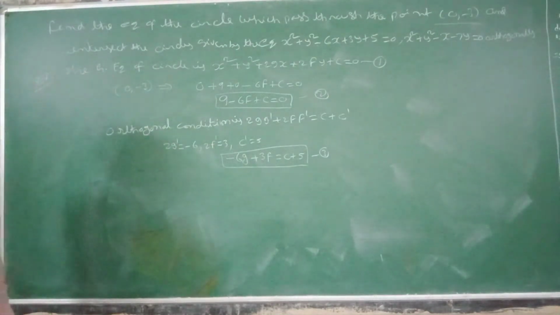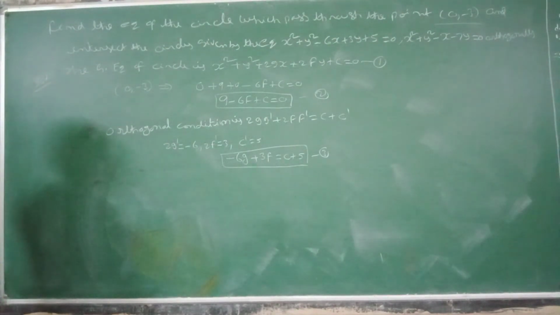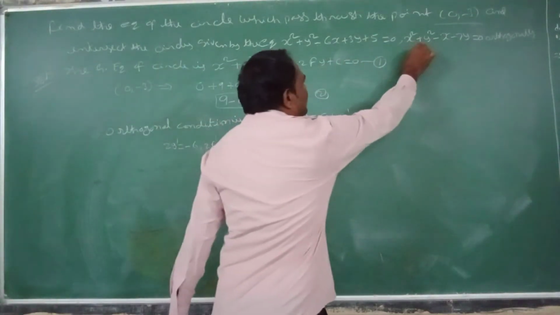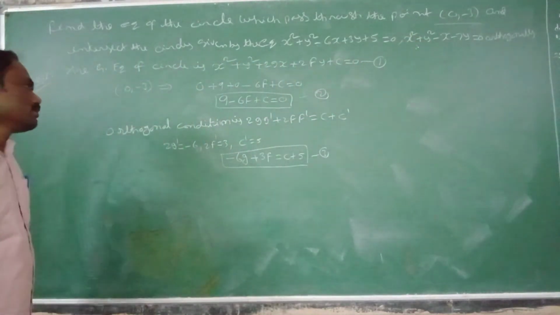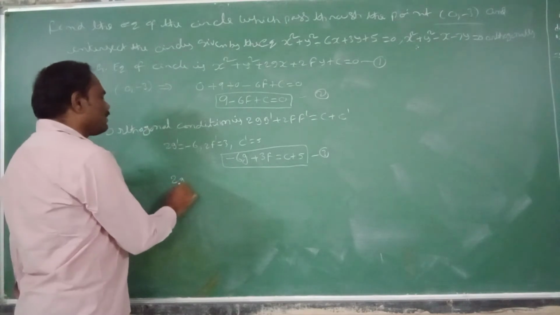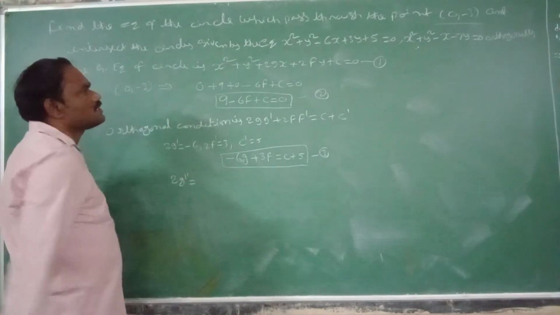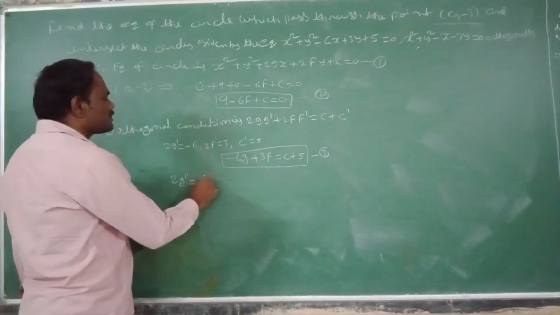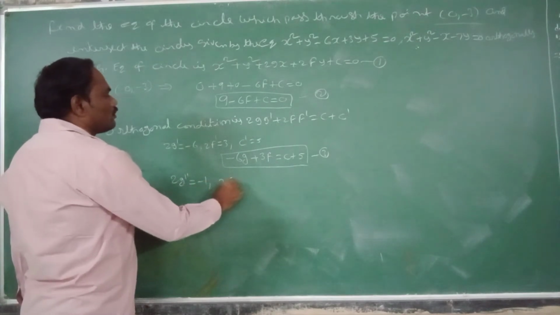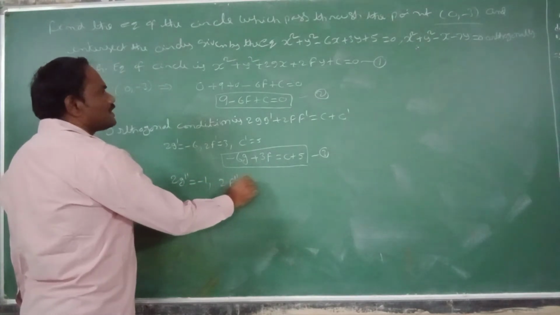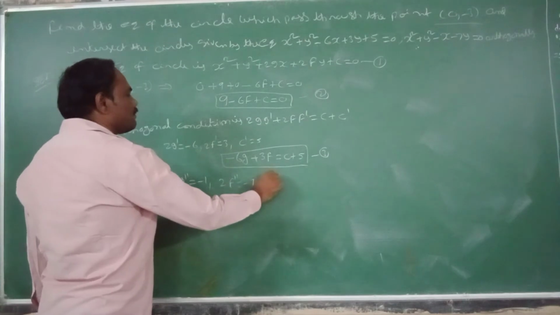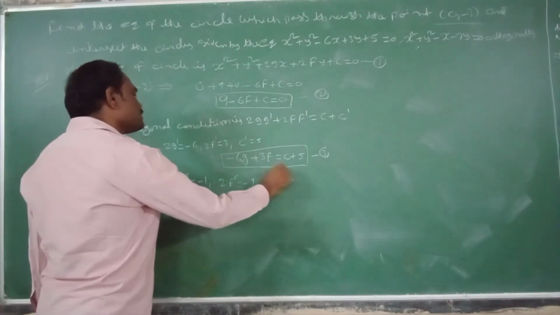Also the given required circle is orthogonal to the second circle equation. So 2g double dash is equal to minus 1, 2f double dash is equal to minus 7, c double dash is equal to 0.